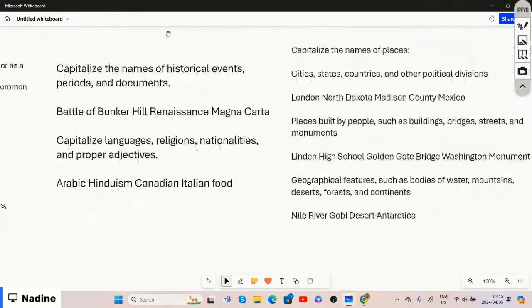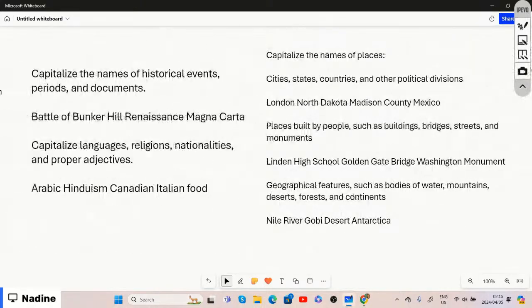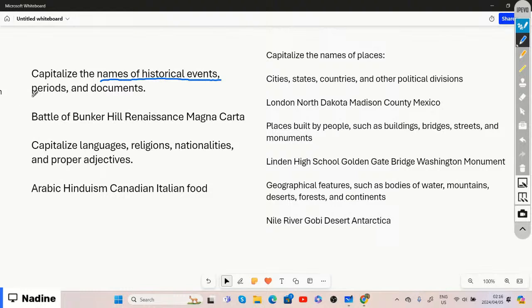All right. So a few more things that we need to capitalize, right? We need to also capitalize the names of historical events, historical periods, as well as documents, right? So if the historical documents, places, periods have significant meaning to them, then we need to capitalize them.